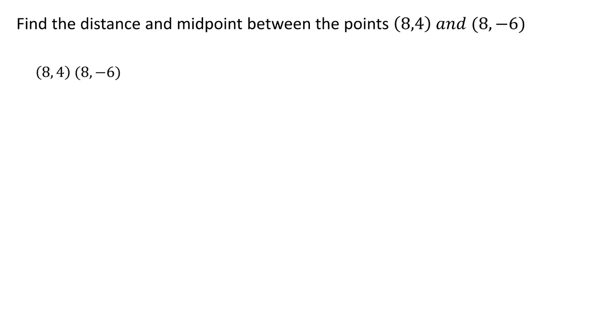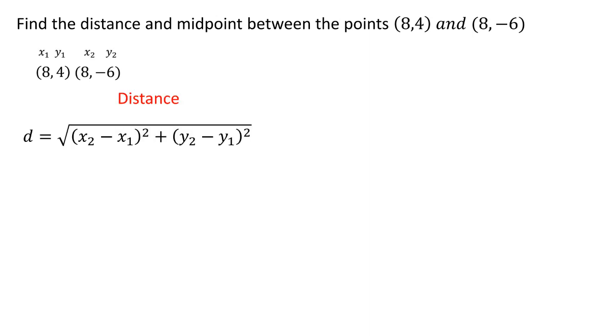The first thing I want to mention is that when we're using the formula, it doesn't matter which point you pick to be point 1 or point 2, as long as you follow the same order throughout the formula. In my case, I'm going to consider 8, 4 to be my point 1, so 8 is my x1 and 4 is my y1.